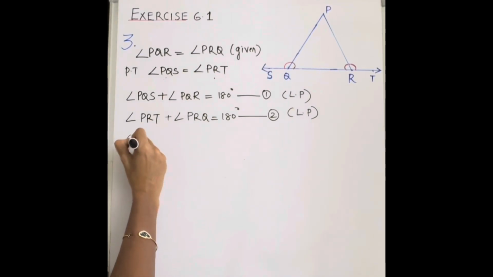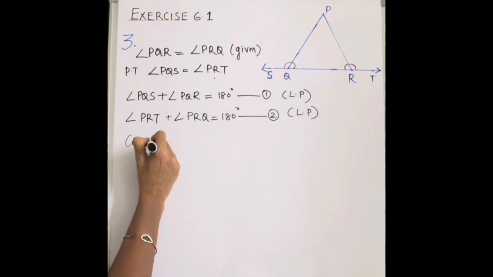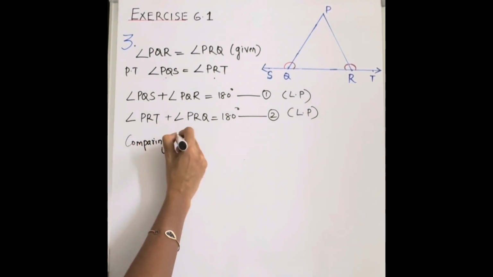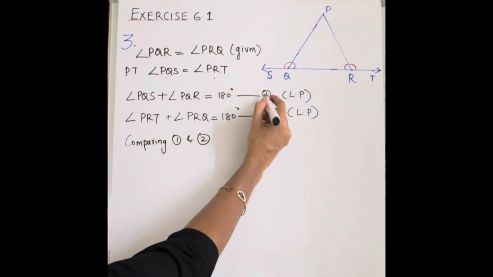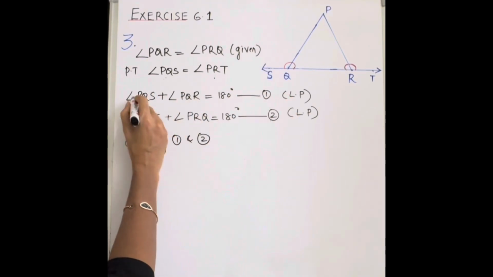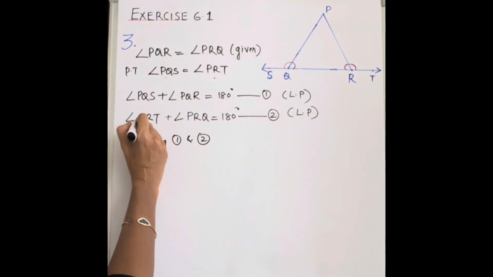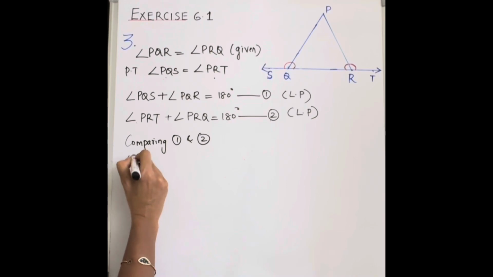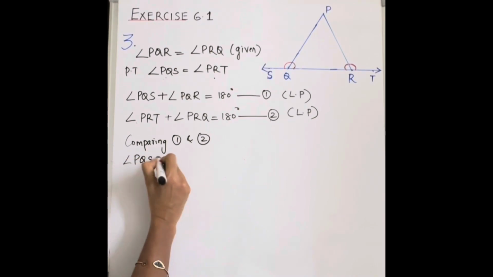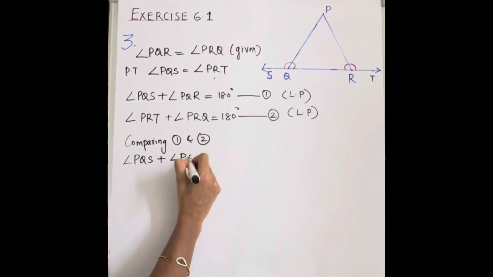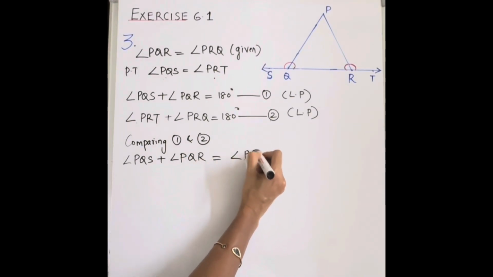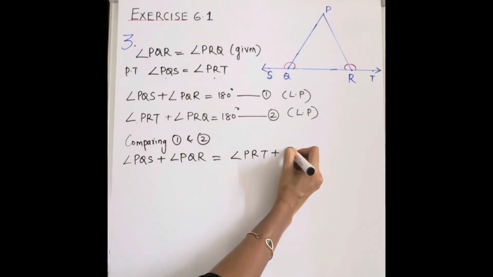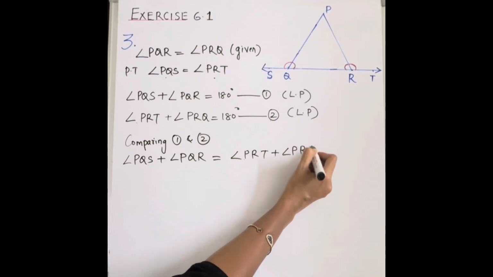Now compare equation 1 and 2. As we see that the right hand side of these two equations are equal, we can say that the left hand sides are equal. Like angle PQS plus angle PQR is equal to angle PRT plus angle PRQ.